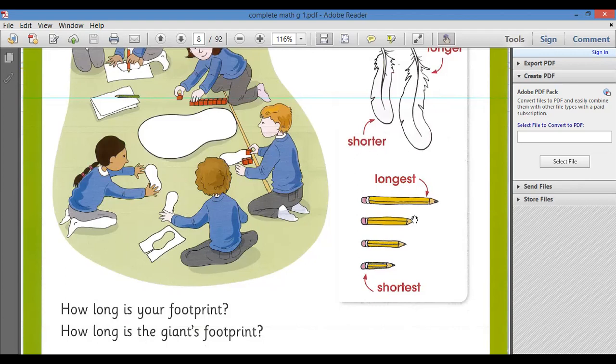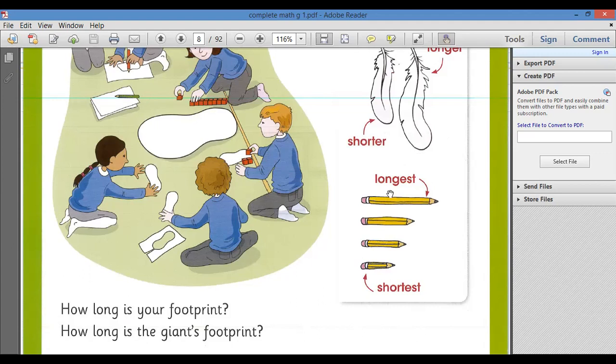So we use longest. Shortest means there is no other pencil that is shorter than this pencil. So shortest. This pencil is shortest. Longest and shortest. Do you understand this, boys? What does longest mean?